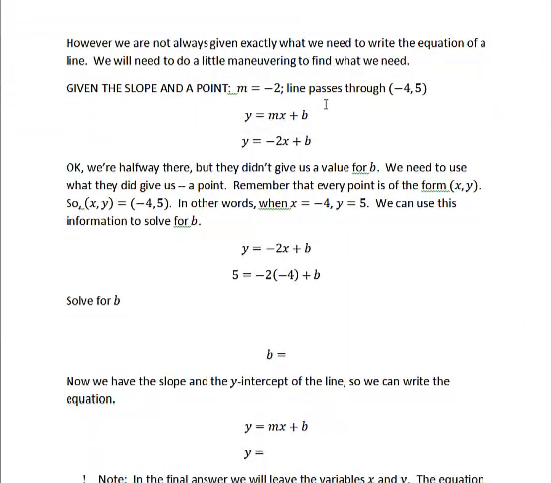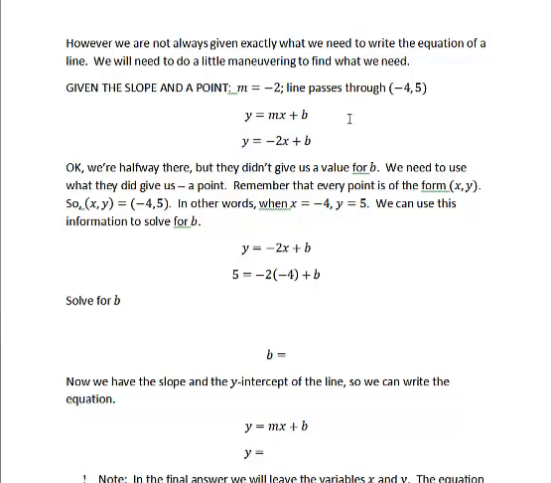Okay, on this page, we're slowly being withheld information about the line. So at the top of this page, we're told that the slope is -2, but then we're withheld the y-intercept.